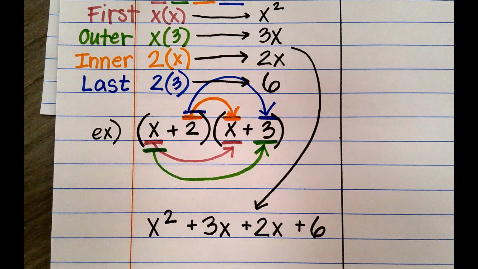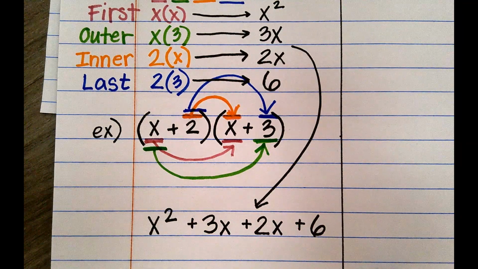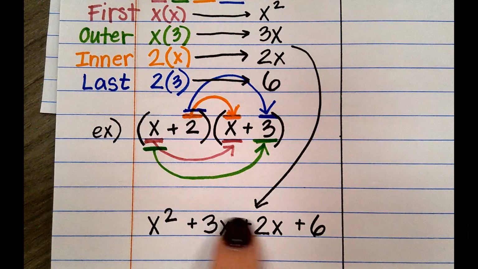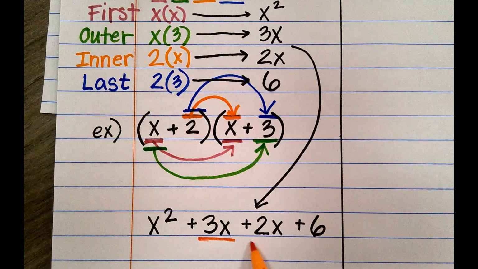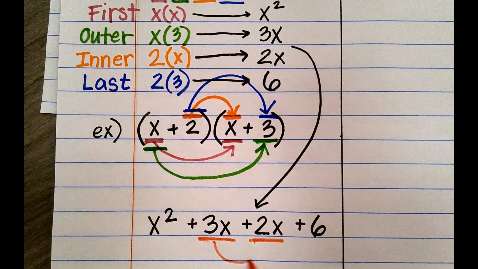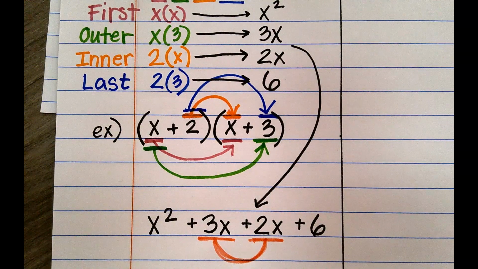Yes, yes. So here is where we would go next. After you've done your multiplying, there is almost always going to be like terms in the middle. These two middle terms, the inner terms, are usually going to be like terms. And why are these like terms? Because they have the same exponent. Yeah, same exponent, same variable.